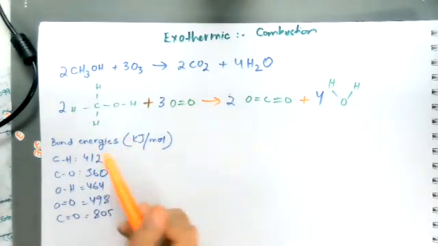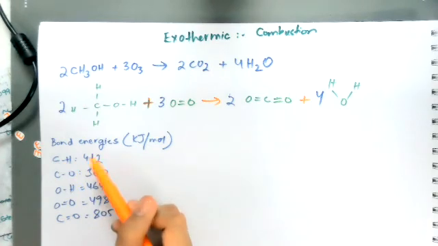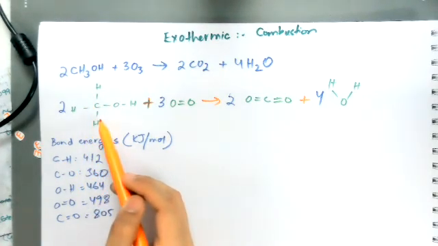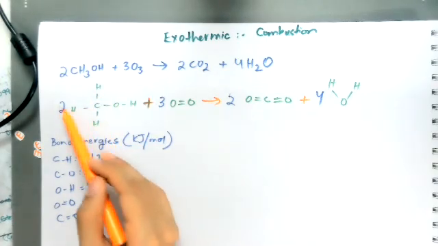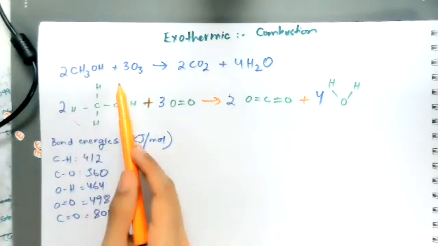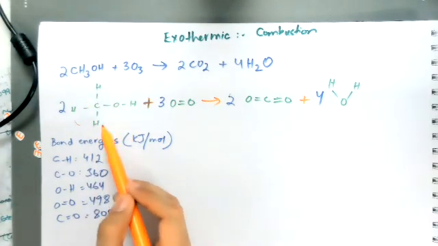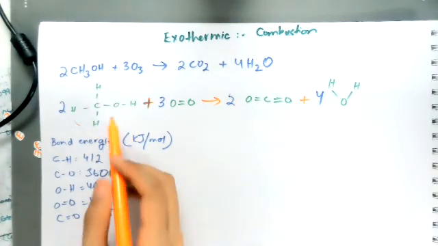So let's talk about the C-H bonds. We have 3 C-H bonds over here, but then we have 2 of the whole molecule, so we have 6 C-H bonds. If anyone doesn't understand, just stop me.